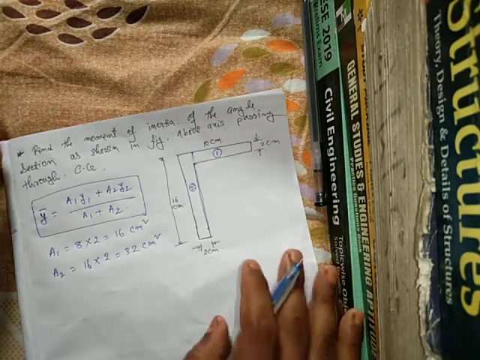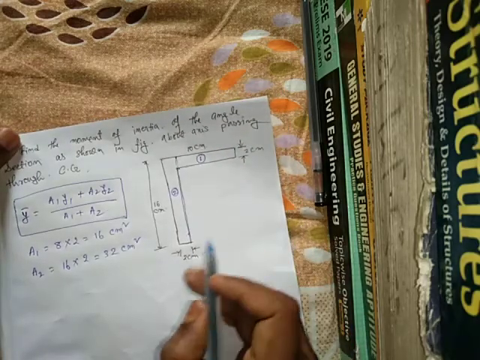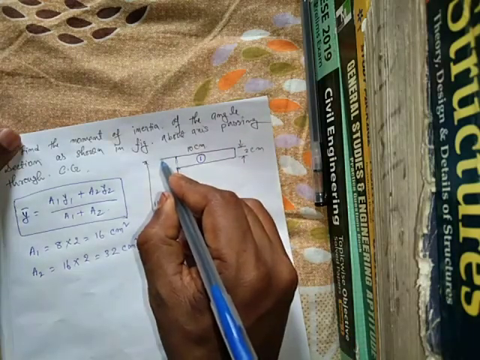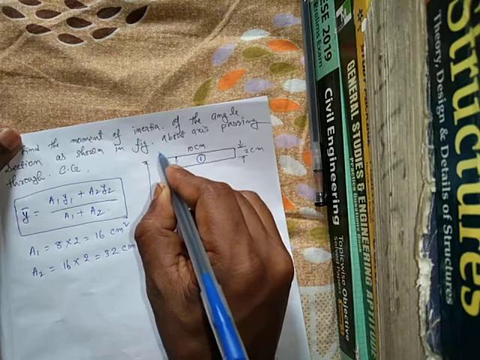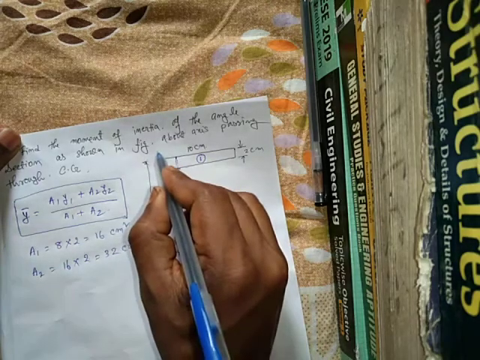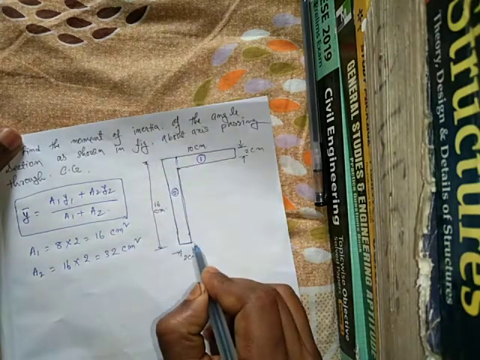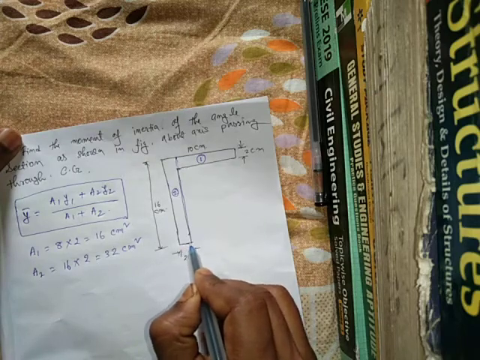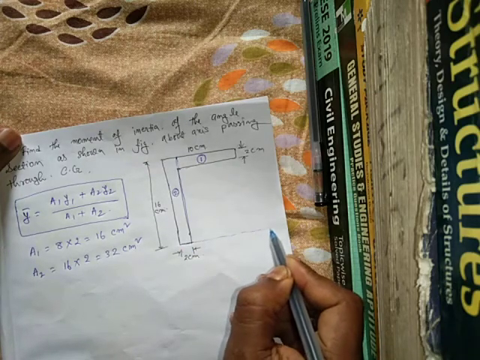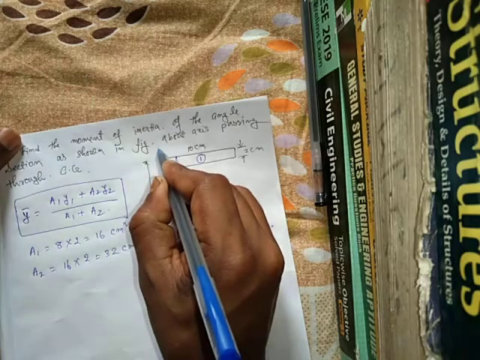Find the CG of each section. We will find the CG from the base. Let me consider this as the base, the x-axis, and this as the y-axis.